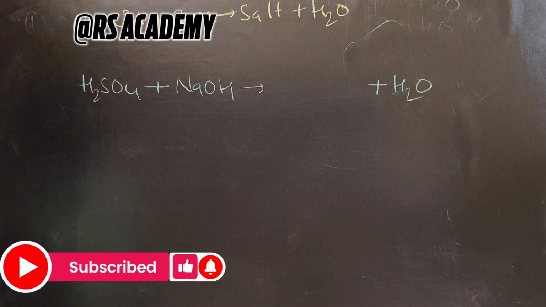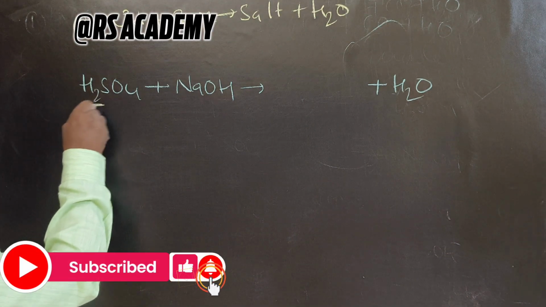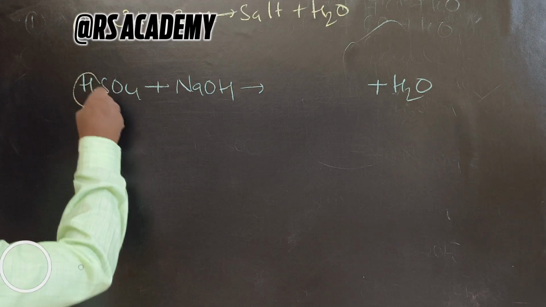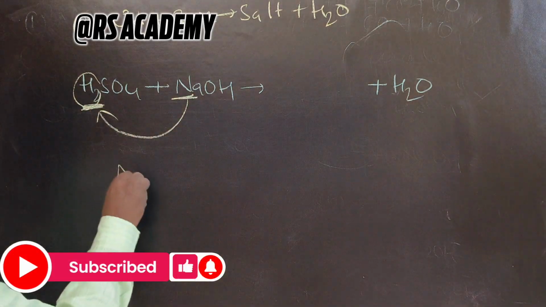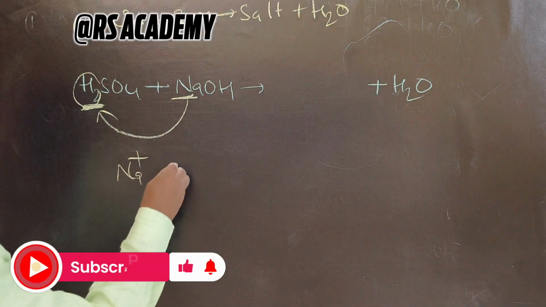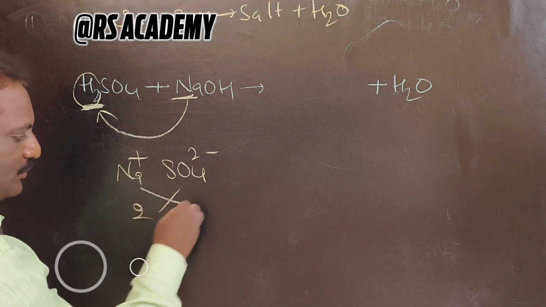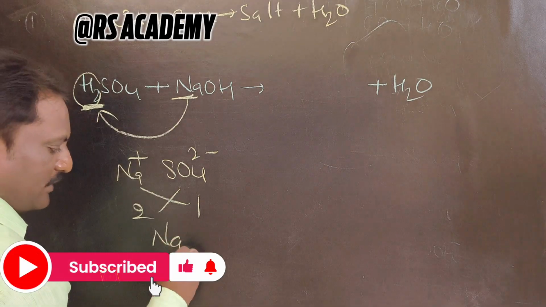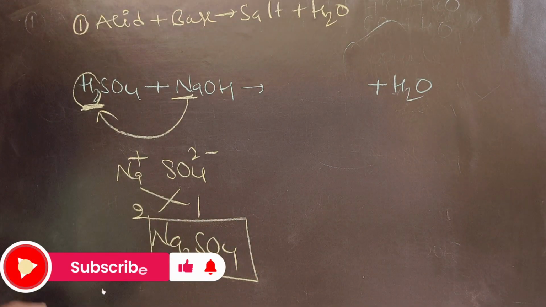I said so many times, how will you get salt? Salt is always obtained from an acid, in which hydrogens are replaced by metal. So that is sodium. Sodium Na plus, sulfate ion SO4 2 minus, crisscross 2 1, Na2SO4, sodium sulfate.